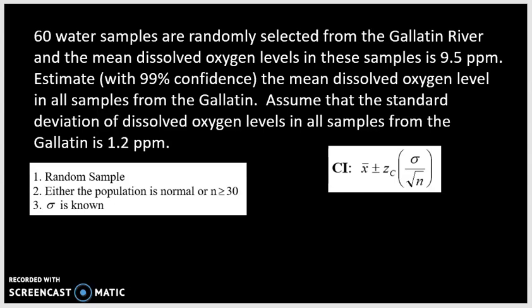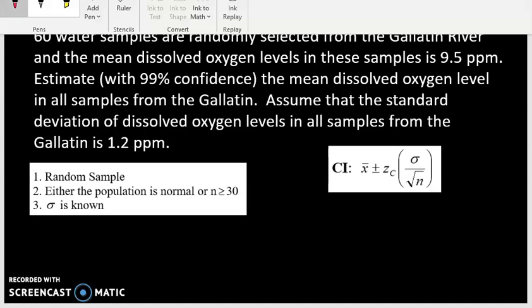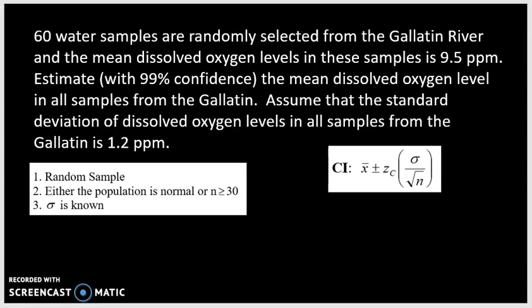So the first step in this process is determining if you can actually do the problem. So the validity conditions for a confidence interval: you have to have a random sample, and we have a randomly selected sample of water, so that checks out. So random sample of water samples.